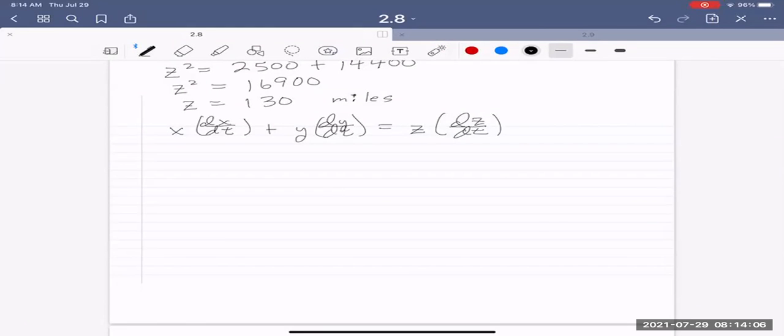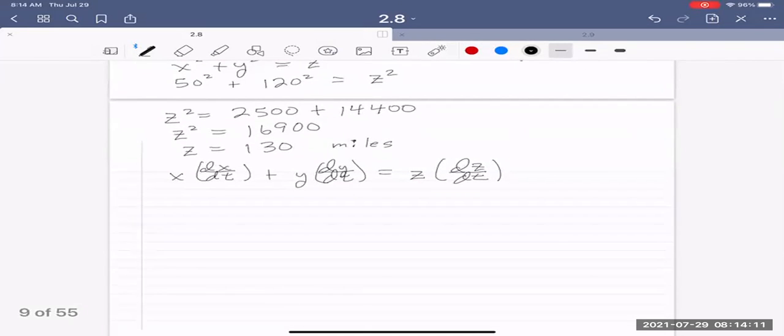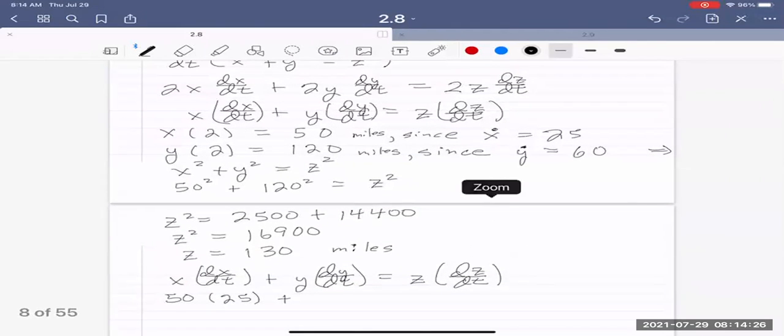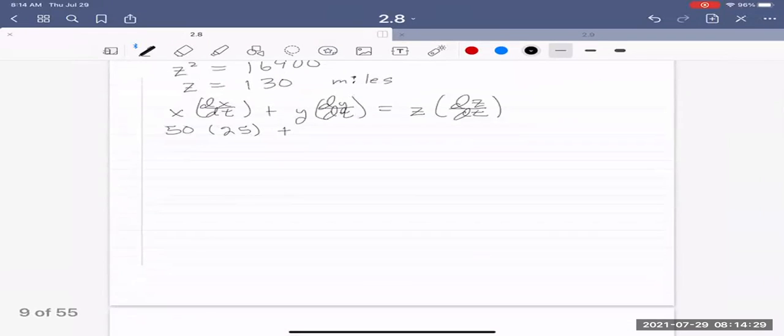Well, I have 50 times 25 plus the 120 times 60 is equal to 130 times dz/dt. Okay.